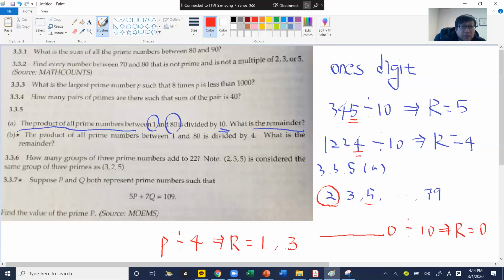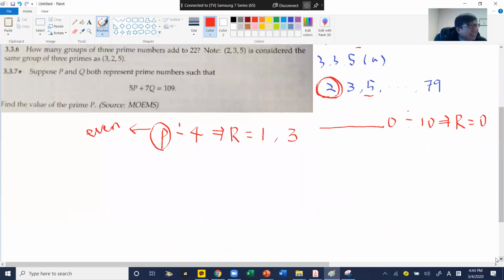Why can't it be 2? Because the product P has 2 as a factor, which means P is an even number. You understand me? If you multiply all of them, it should at least end with an even number.